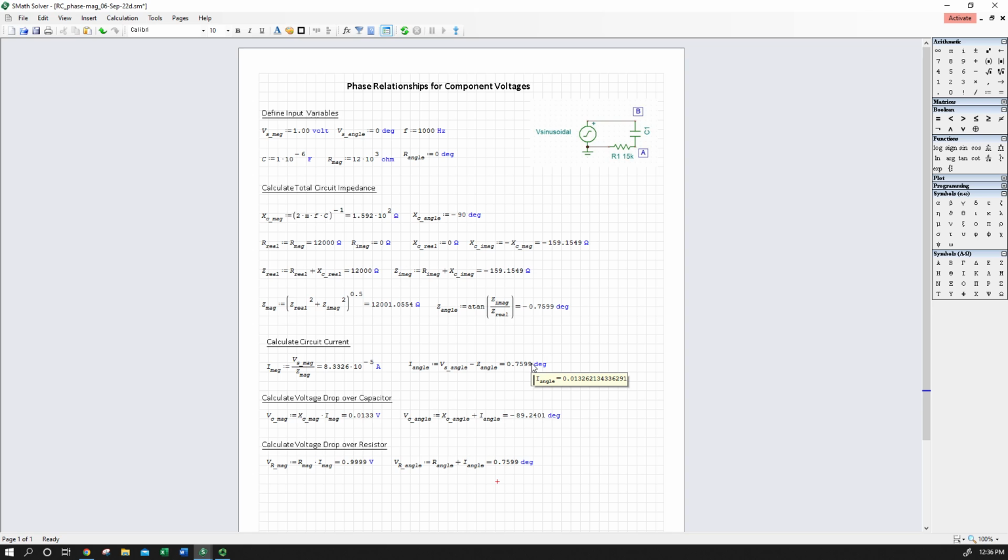And in fact, look, 0.755, 0.755, because the impedance of our resistor is at a 0 angle. Our R angle for pure resistance is always going to be 0. So the angle of the voltage drop over the resistor is the same as the angle of the current.